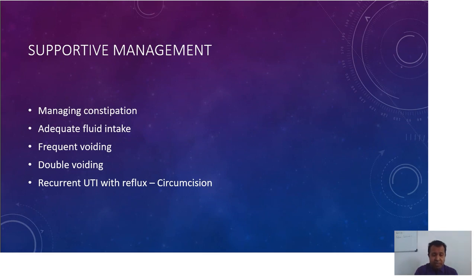By doing circumcision, we will reduce the colonization. Therefore, these aspects are very important as supportive management of urinary tract infection in a child with underlying vesicoureteric reflux.